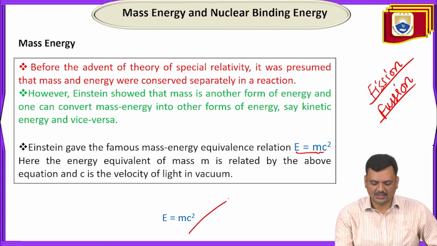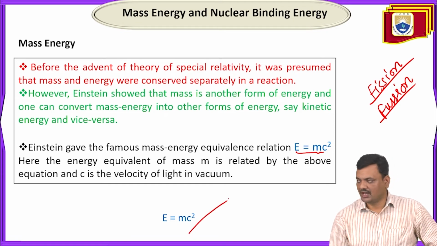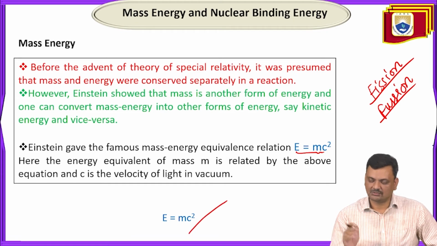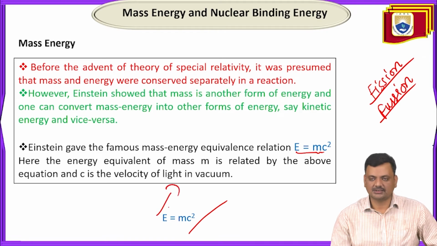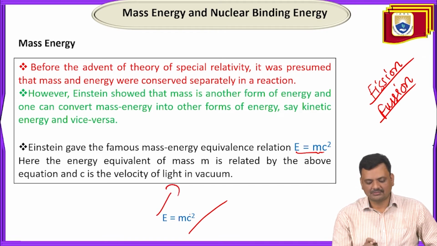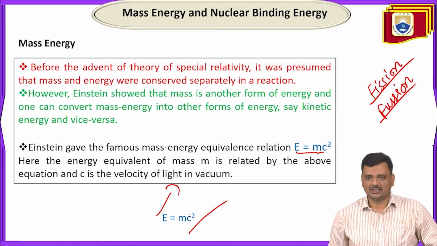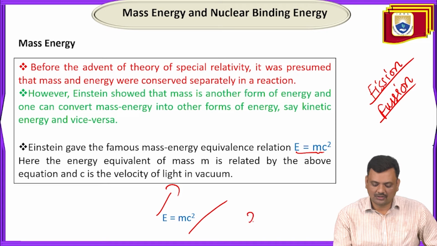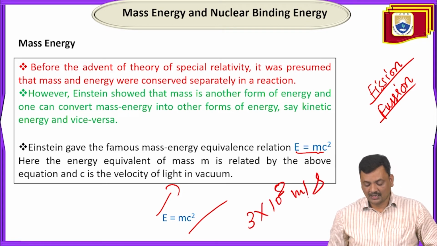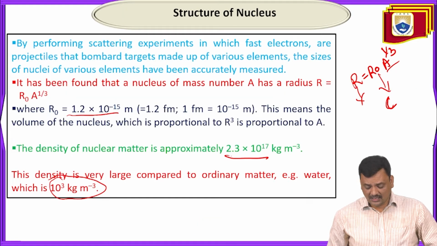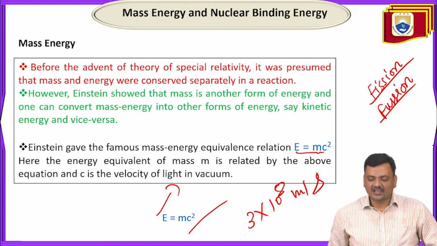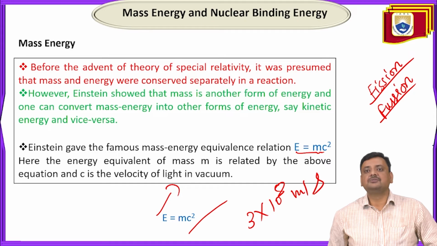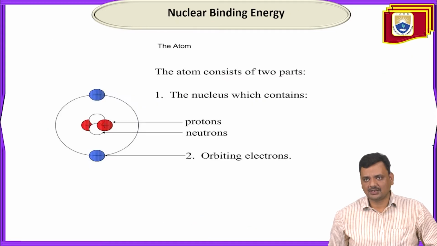E = mc² means if you have a mass m, you can convert this mass into an amount of energy E with the help of this formula, where c is the velocity of light in vacuum, 3 × 10^8 meter per second. All these things are important in understanding nuclear fission and fusion reactions.